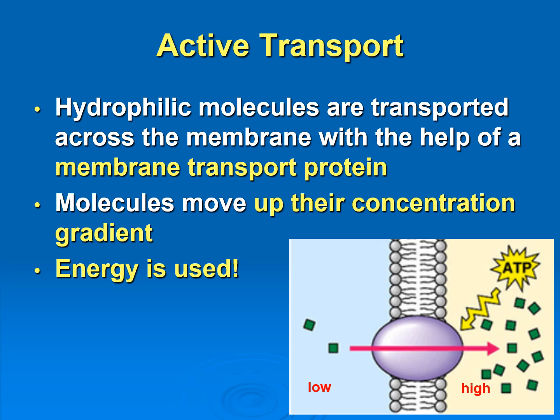For this one, we're going to be transporting hydrophilic molecules, maybe like glucose or sodium ions or something like that, that can't normally cross the membrane, but we're going to use the help of a transport protein here. You can see we're going to go from low concentration up the gradient to high concentration, and we're going to use some energy, some ATP, to do that. So that's active transport.